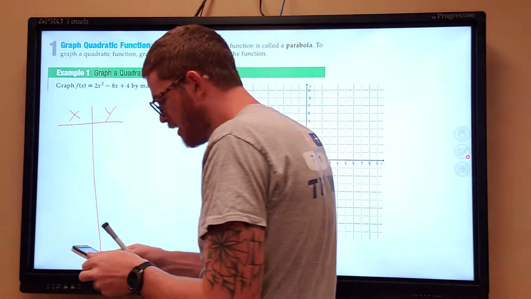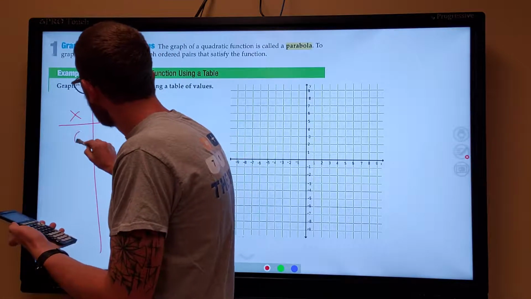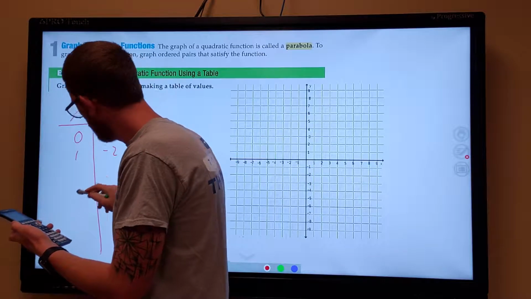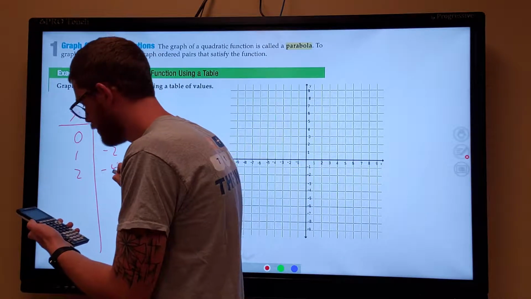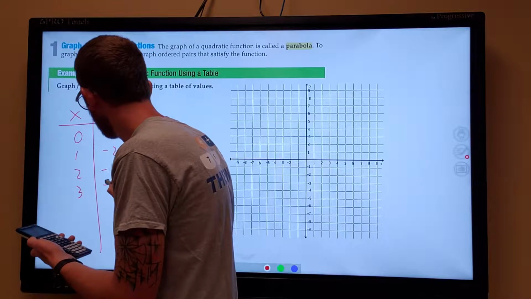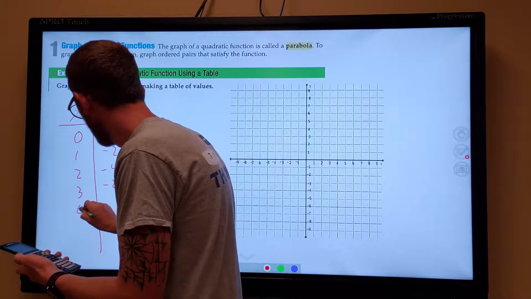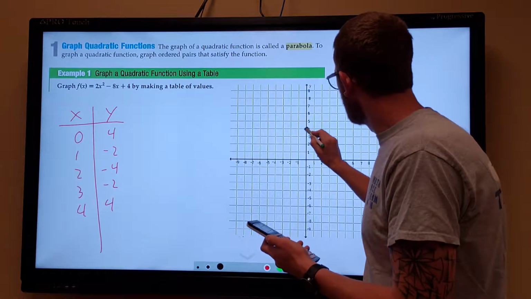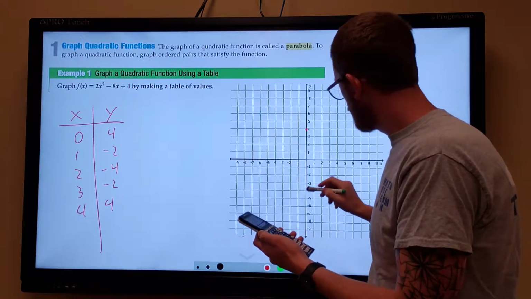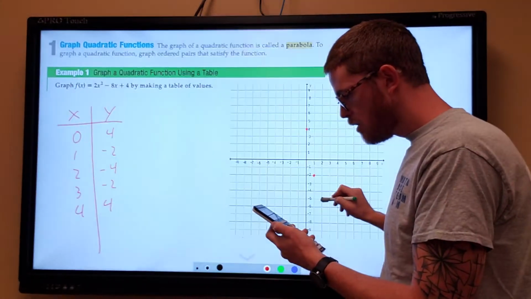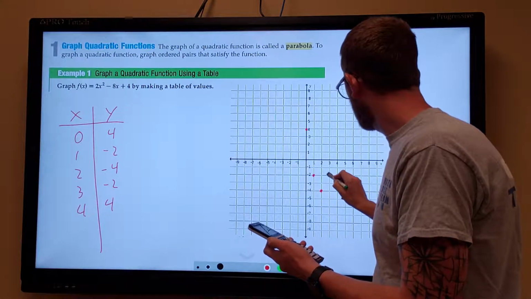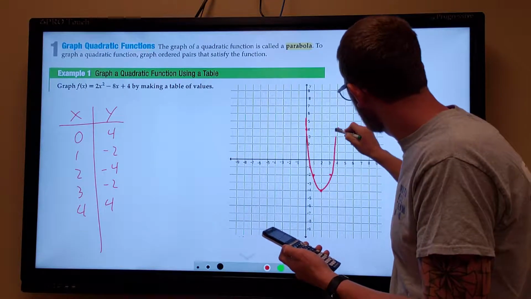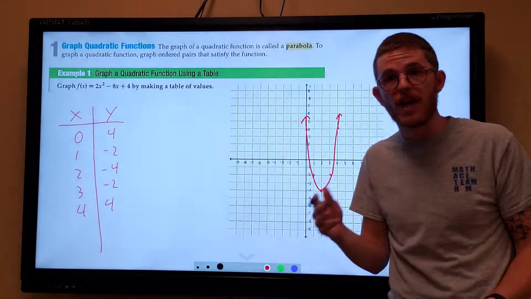And so we can see that we have 0 gives us 4, 1 gives us -2, 2 gives us -4, 3 gives us -2, 4 gives us 4, and so on. We can plot these points. 0, 4, 1, -2, 2, -4. There we go. So we have that right there.